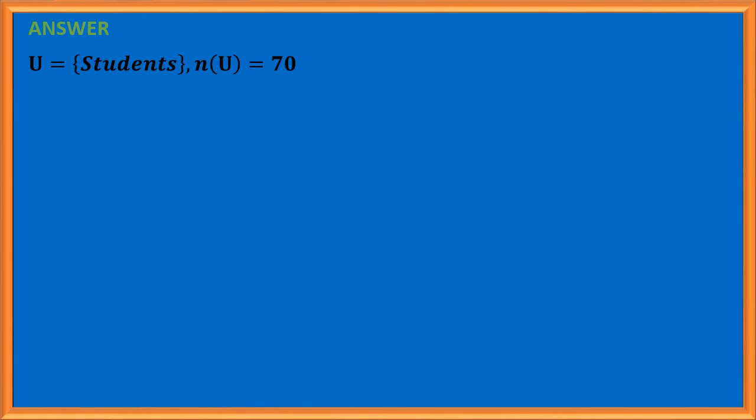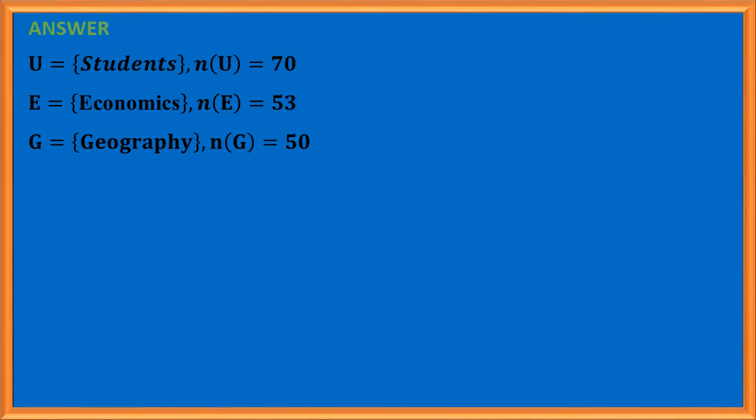So we'll have U to be students, where number of U will be 70, number of E 53, number of Jane 50, number of M, we don't know, mathematics, those who offer mathematics, we don't know yet.